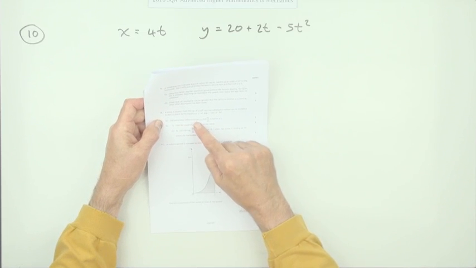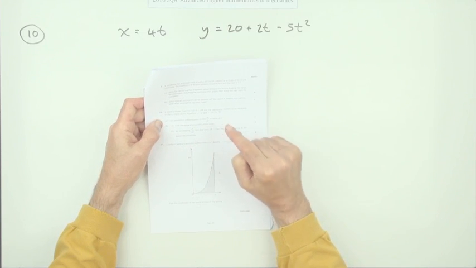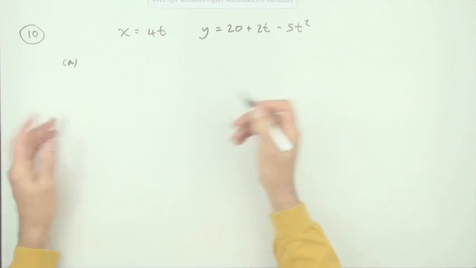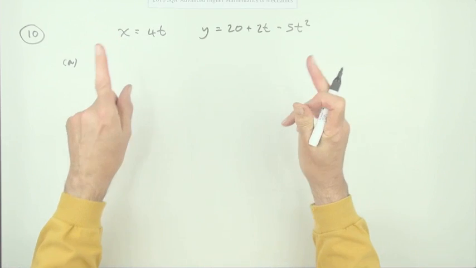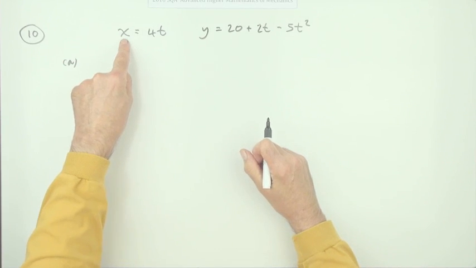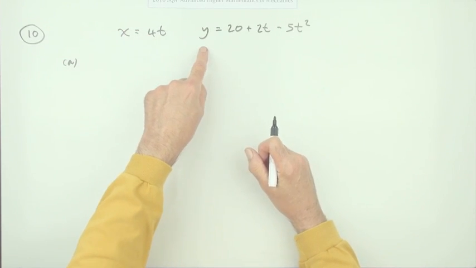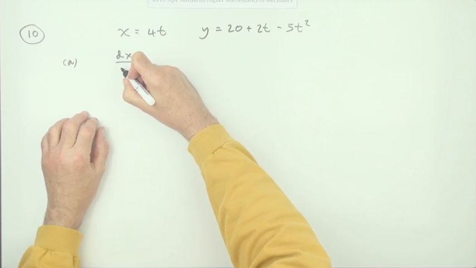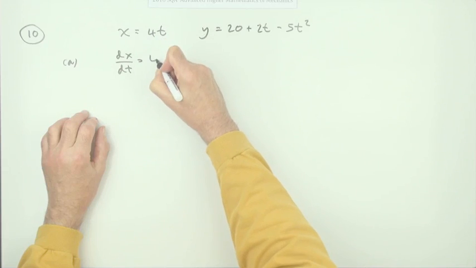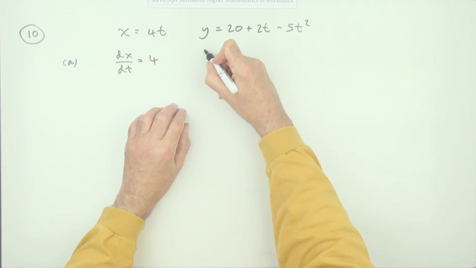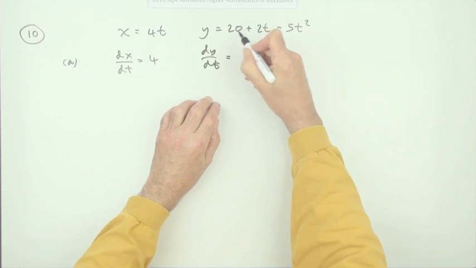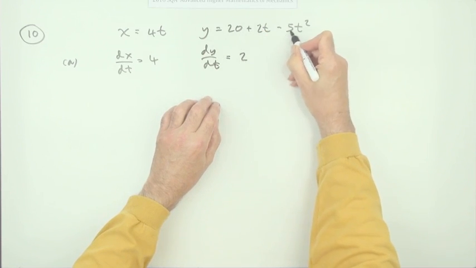Use parametric differentiation to find dy by dx in terms of t. So it doesn't actually matter what the rest of the question is for this first part, because it just says what's dy by dx. Problem is, of course, x is expressed as a function of t, and y is expressed as a function of t. So the first thing you can do is find dx by dt, which will be 4, and dy by dt, which, that disappears being a constant, is 2 minus 10t.